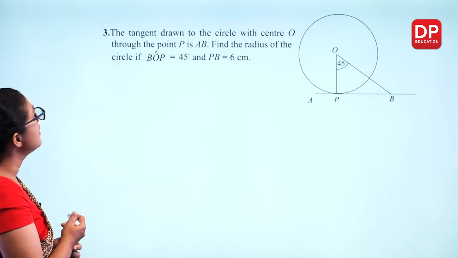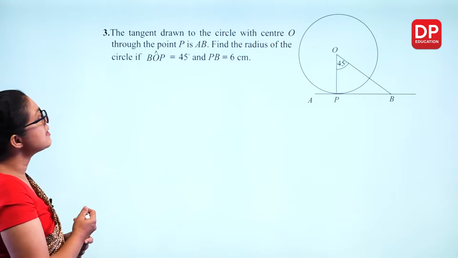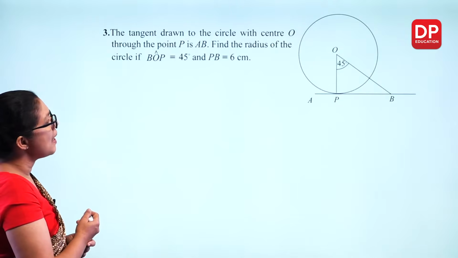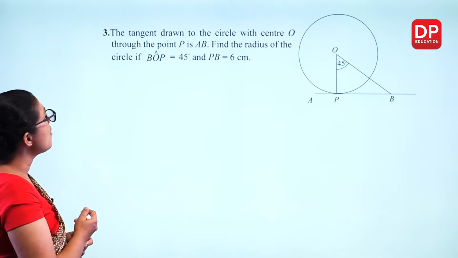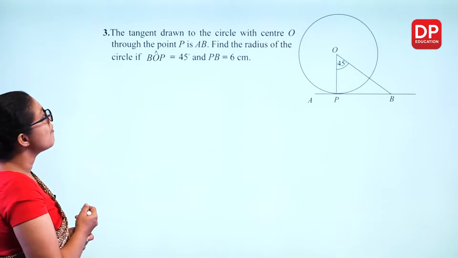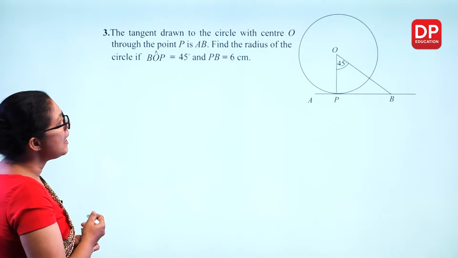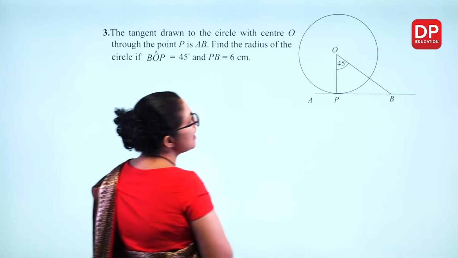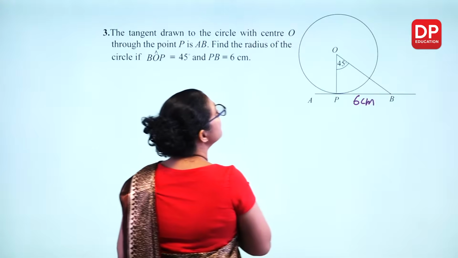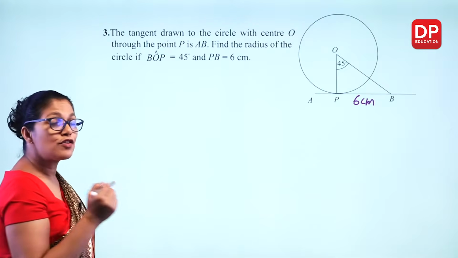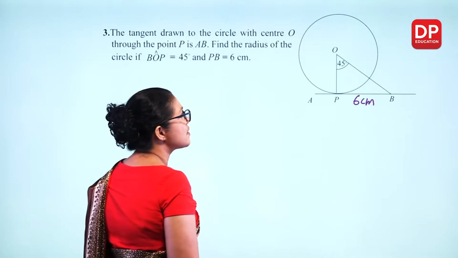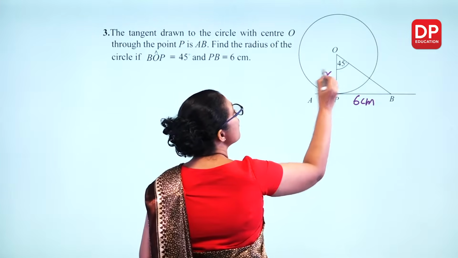Question number 3. The tangent drawn to the circle with center O through the point P is AB. Find the radius of the circle if BOP is 45 and BP is 6 centimeters. So similar to the previous question, earlier we knew the radius, but here we can put R for radius.